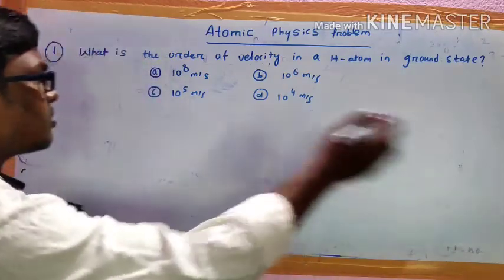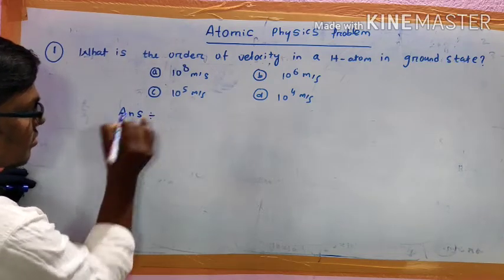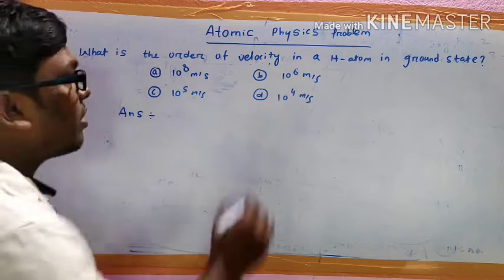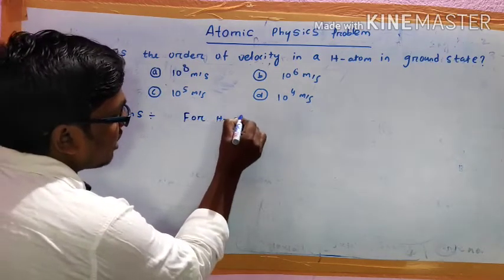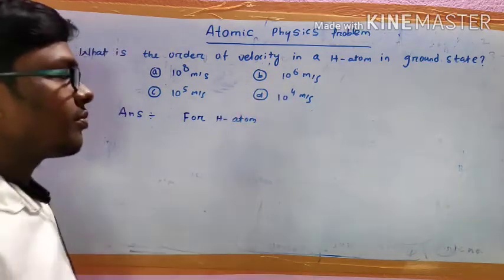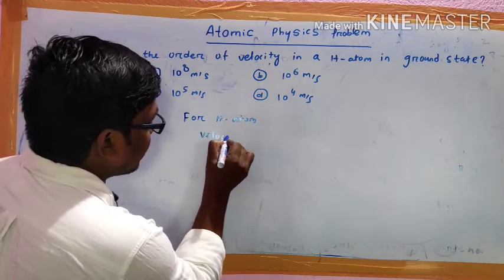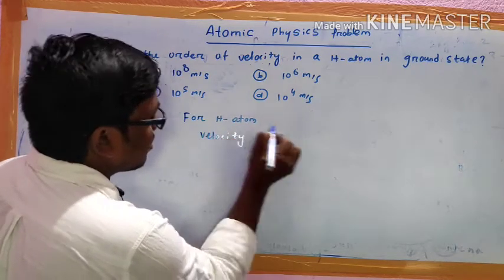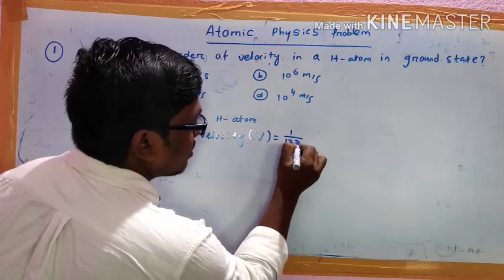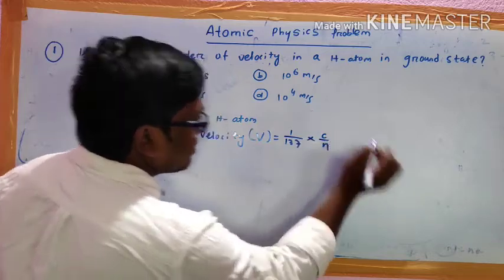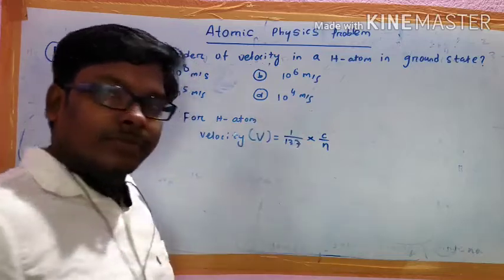Okay, so here is the answer. For a hydrogen atom, velocity v is equal to 1 by 137 into c by n. I have already told you to remember this formula.